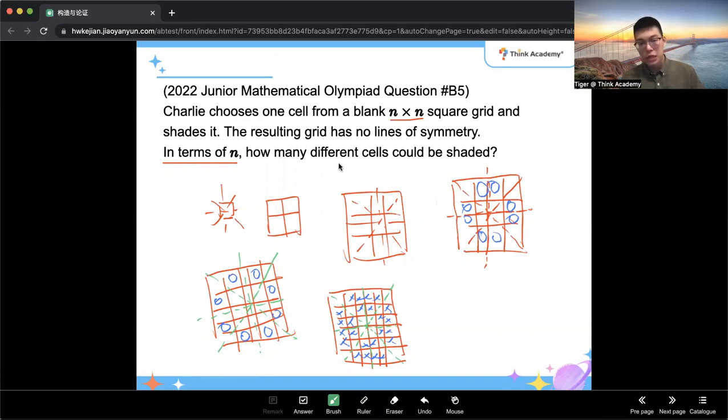Whenever the n is an even number, the horizontal and the vertical lines of symmetry are going to go through the gaps. Whenever n is an odd number, it's going to go through the center.